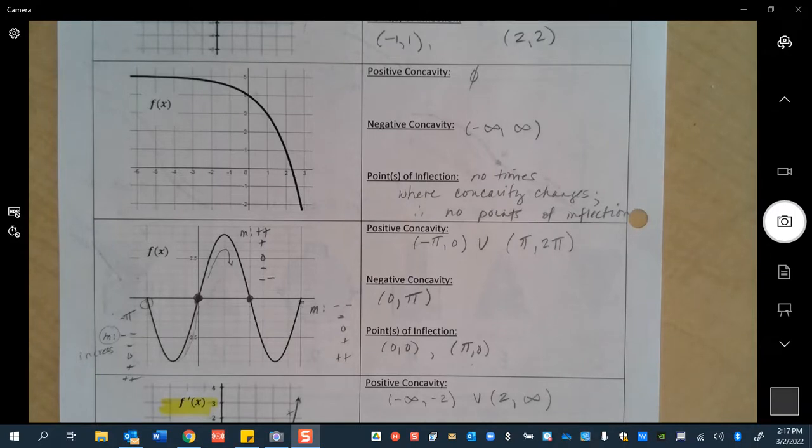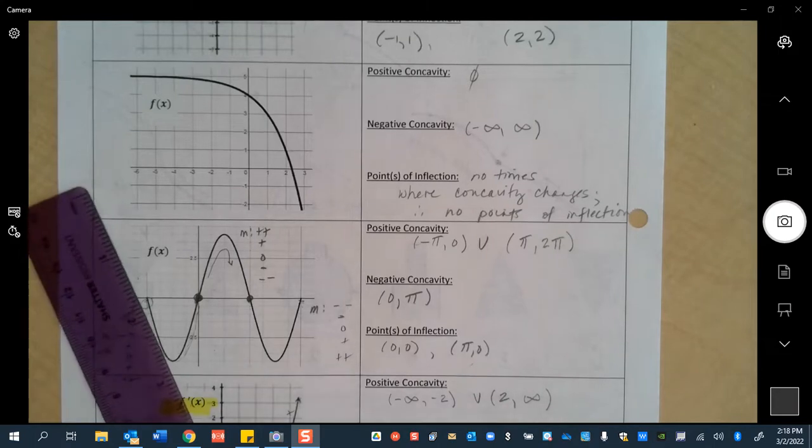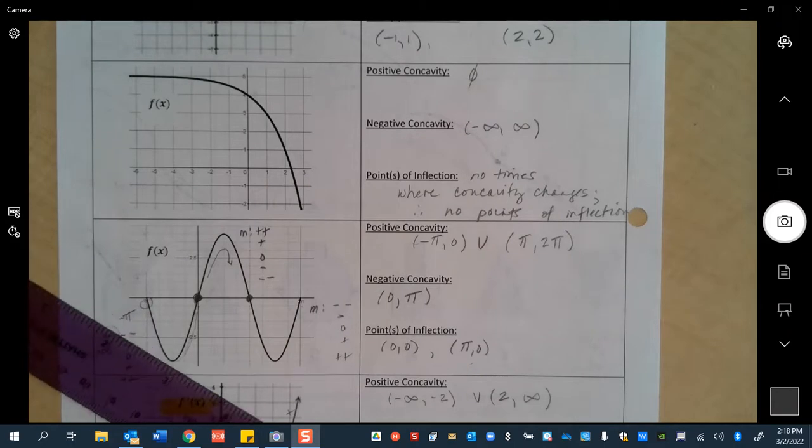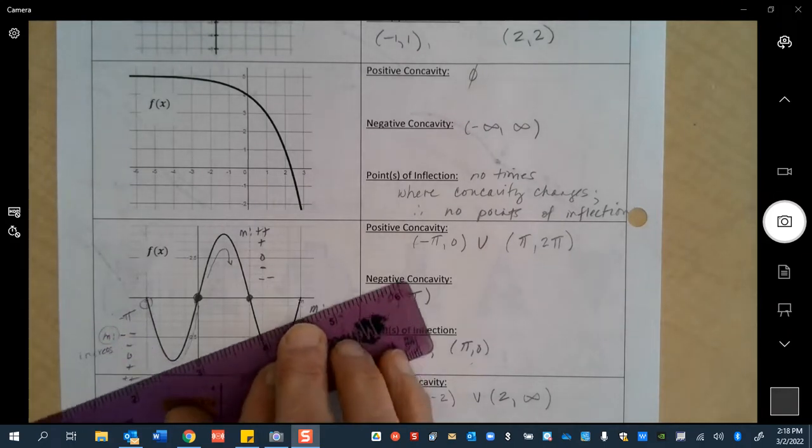On this sine graph, I have positive concavity here. I have positive concavity here. I've got negative concavity here. Now, feel free to go ahead and think about that in terms of the derivative. Here my derivative is negative, but my derivative value is increasing.